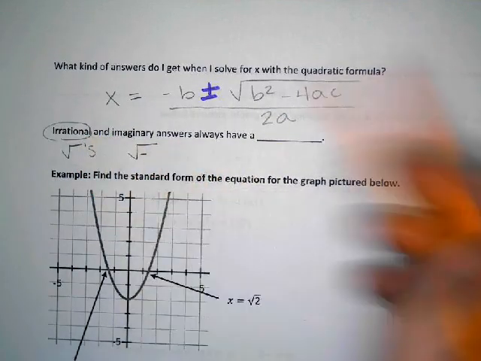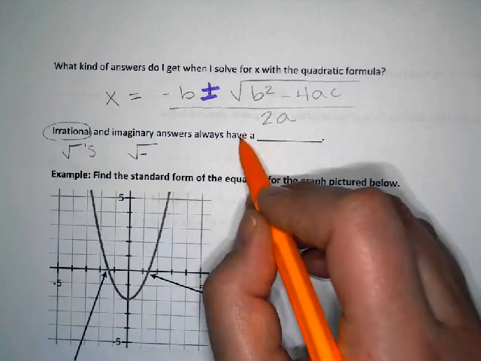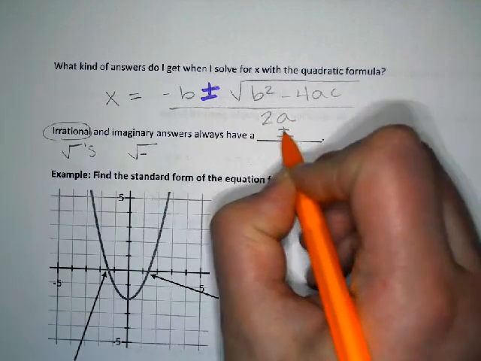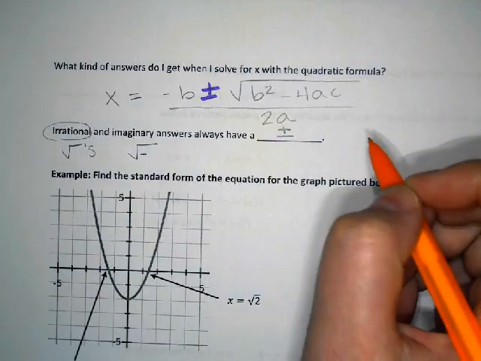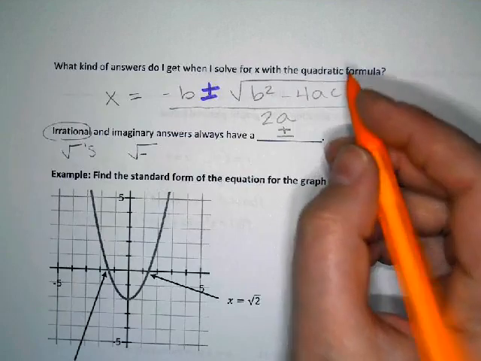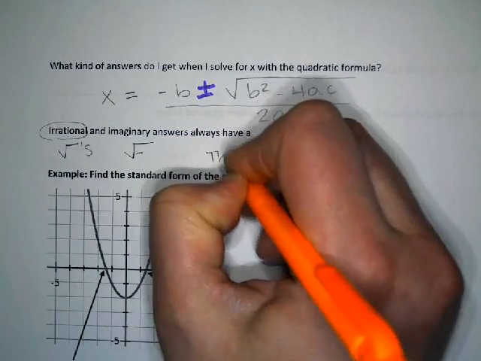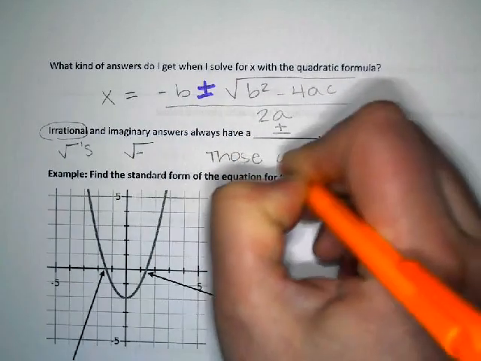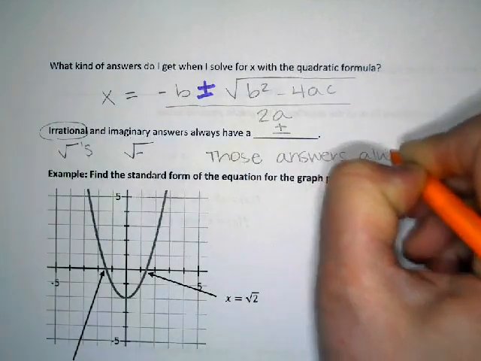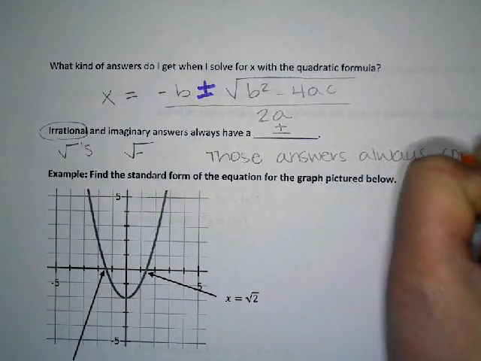The important thing about them is that they always have a plus minus with them because they came from the quadratic formula. So those answers always come in pairs.